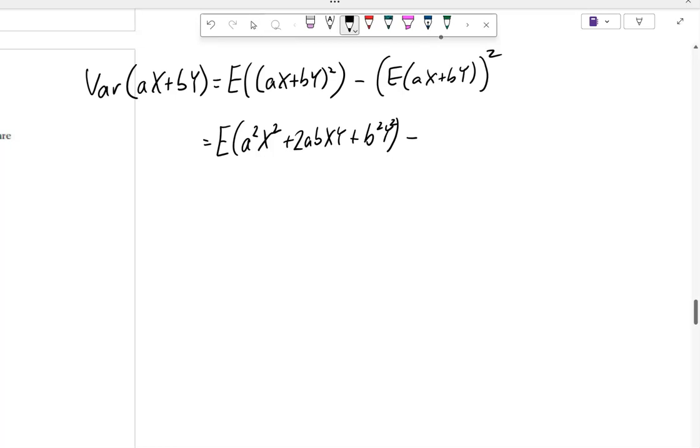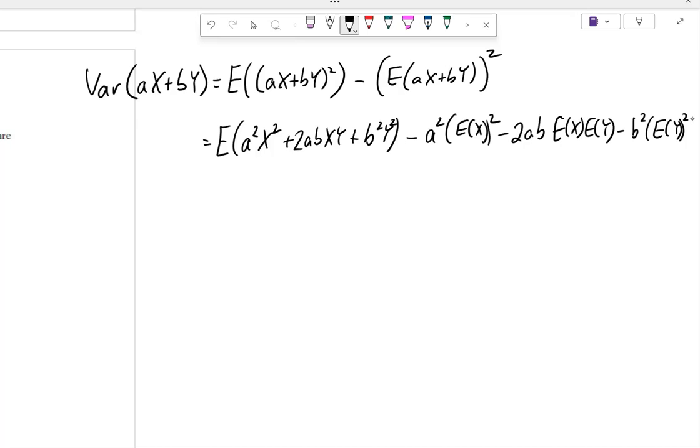I'd have a squared expected value of x squared, a 2ab expected value of x, expected value of y, and then a minus b squared expected value of y squared. Notice it looks the same, except that I had to break up the expected value first. The other one, the square is on the inside. This one, the square is on the outside. I know I did two steps at once.